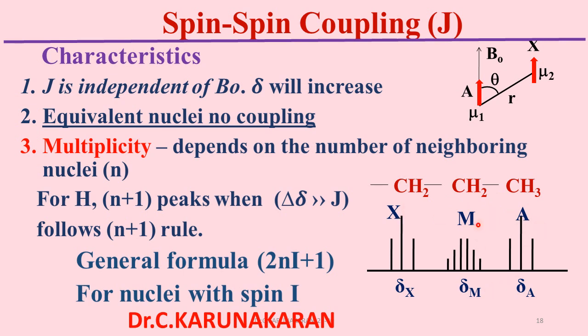The chemical shift values: delta A for this proton, delta M is the chemical shift value for this proton M, and delta X for this proton X. The difference between the chemical shifts of M and X, delta MX, is very much greater than the J value.